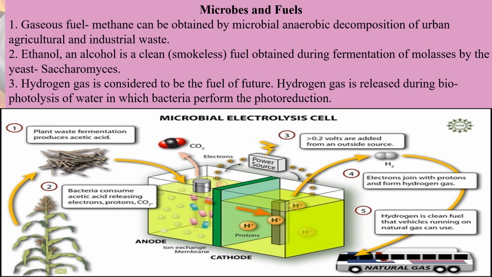Hydrogen gas is released during biophotolysis of water in which bacteria perform the photoreduction. ठीक है, तो ये सारी चीज़ें हम लोगों को माइक्रोब्स की मदद से ही मिलती है. मीथेन गैस है, इथेनॉल है, हाइड्रोजन गैस है. These are all very useful gases. Okay, and they could be obtained with the help of the microbial activities.